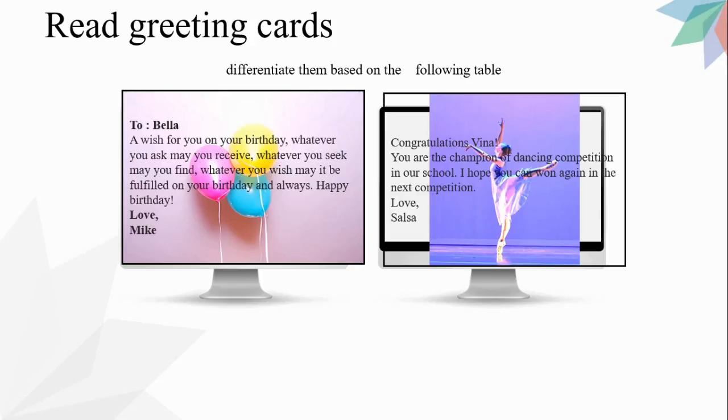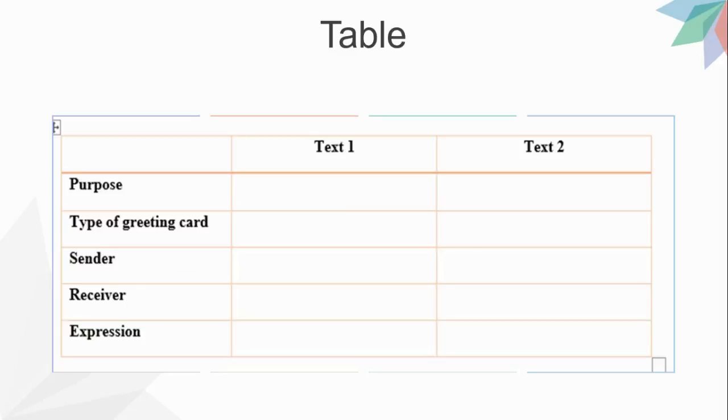So in order for the students to be able to compare two texts related to greeting cards, we as teachers must provide two types of greeting cards. Then we ask the students, and we use a graphic organizer here.